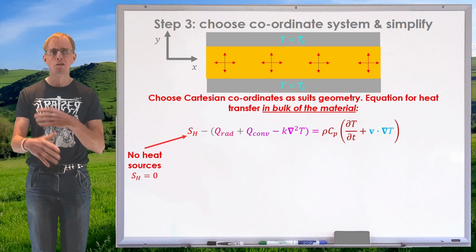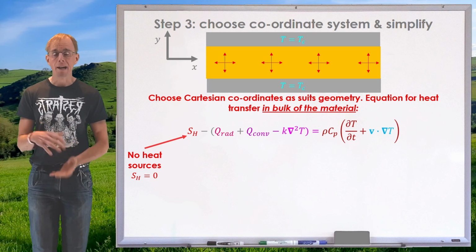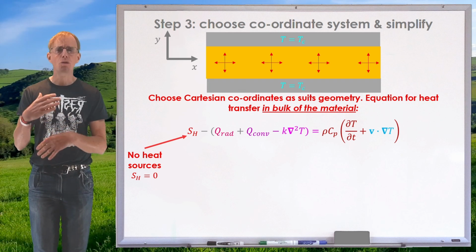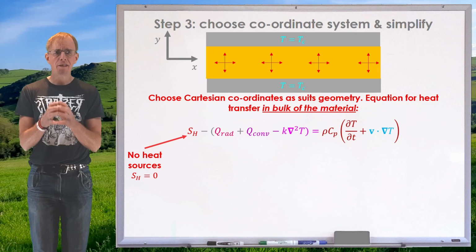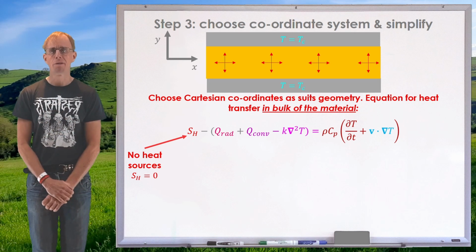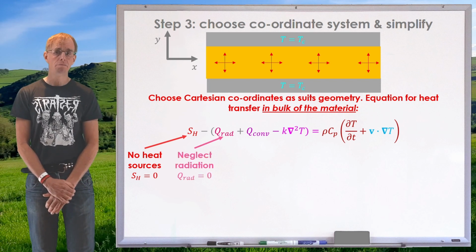And we'd have to put in some logic around when that became a heat source and when it did not become a heat source. So we'd have to figure out how to work out whether the material in our little control volume is solidified or not. I'm not going to go into that complicating factor now. I'm going to neglect radiative heat transfer.